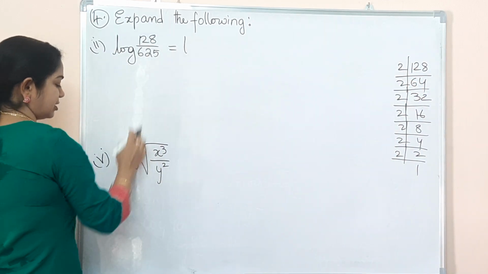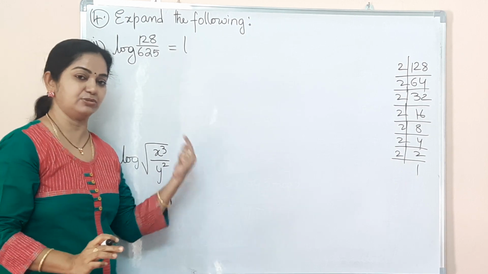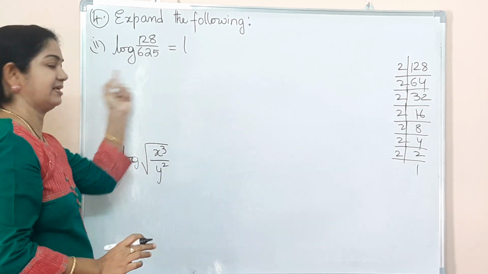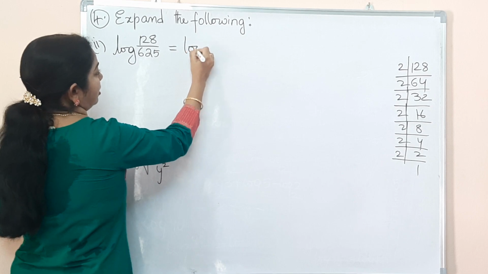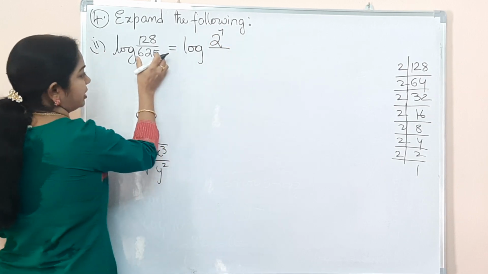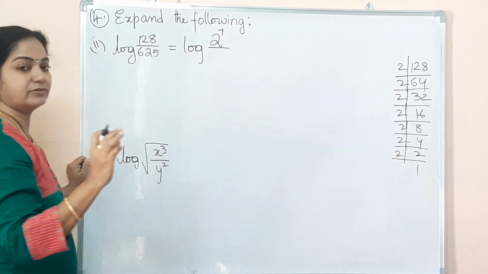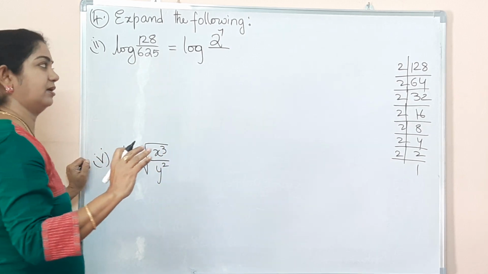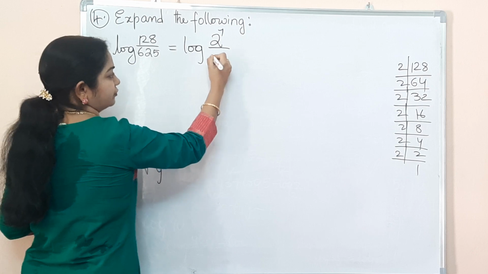Here the bases are not given. That means we have to assume them as common logarithms, base 10. Log 128 means 2 to the power of 7, and 625 is 25 square, or we can say it is 5 raised to the power of 4.